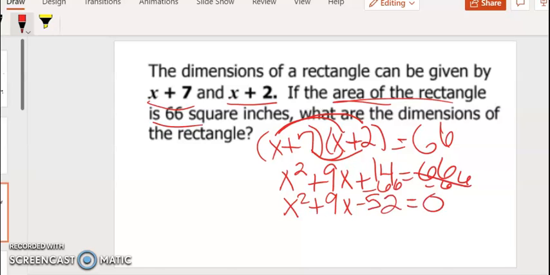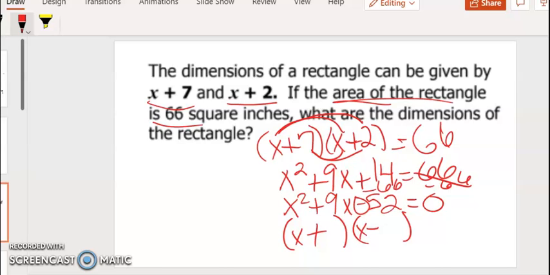Alright, again we're going to factor, split that first term. The signs are different. So to get 52 when we multiply, but 9 when we subtract, let's think of something that would go into 52.